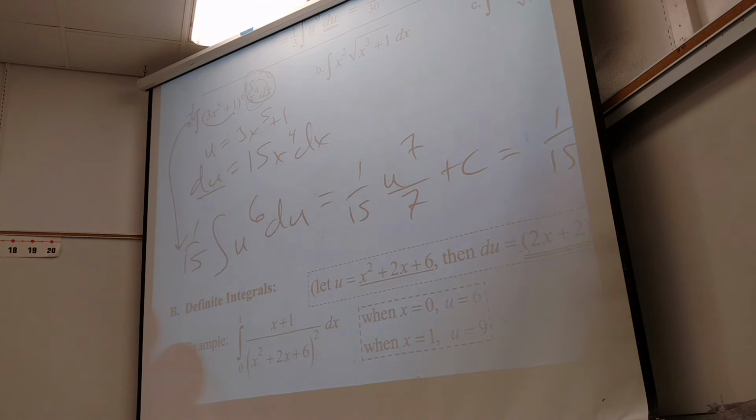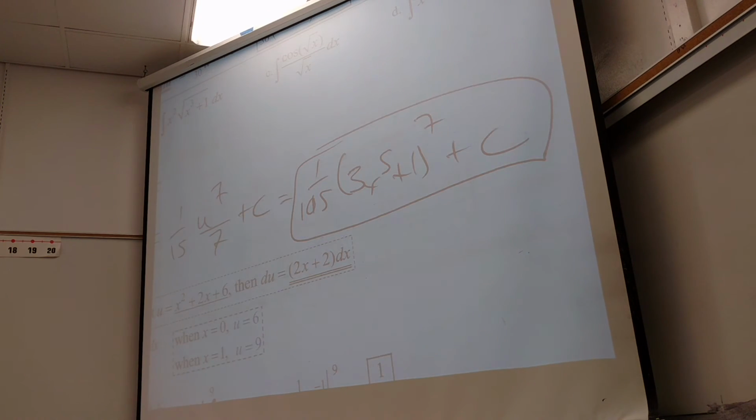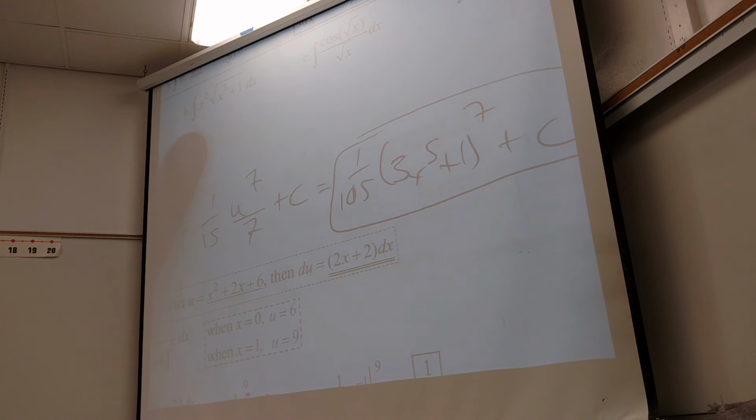What's 7 times 15? 105. U was 3x to the 5th plus 1. So it's 1 over 105 times (3x to the 5th plus 1) to the 7th, plus c. Good work. Alright. Just always, if you started with x's, you better end with x's. Don't tell me the answer is in u's. What the hell is that? So you guys try this second one. Try part B.